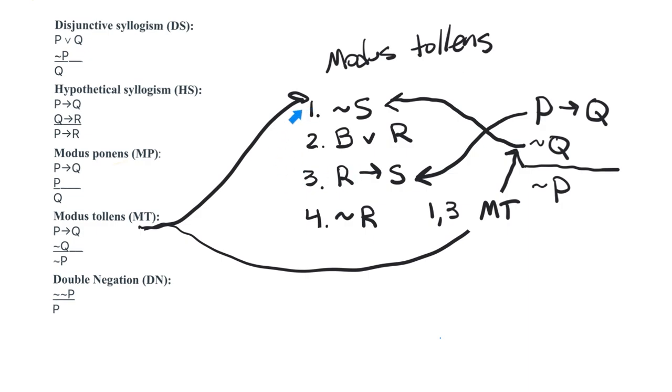And on the right here, you have premise 3, which is the conditional, premise 1, which entails the negation of the consequent of that conditional. And so you're able to derive the negation of the antecedent of that conditional in 3 using the modus tollens rule.